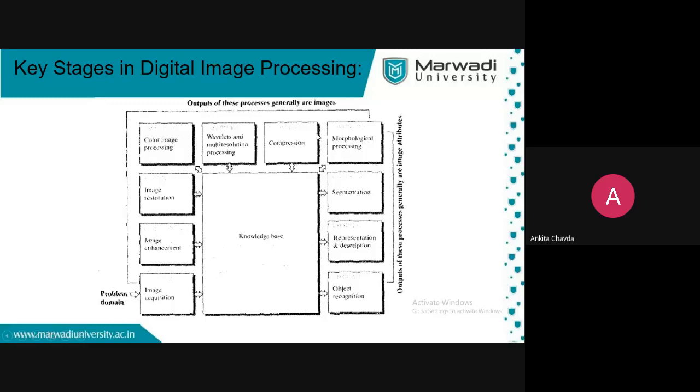Then morphological processing. Morphological processing, we have seen, based on the shape, you are doing smoothing and sharpening of the shape. In segmentation, segmentation means you are differentiating the objects in an image.